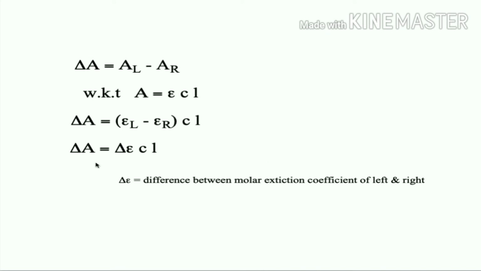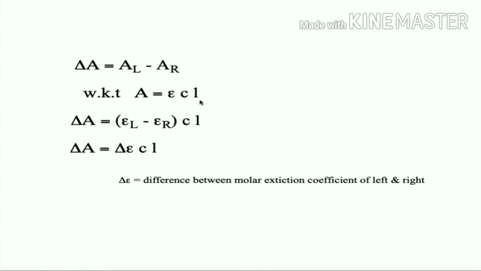This is how we are going to use circular dichroism. First we take the difference in the absorption: absorption of left circularly polarized light minus absorption of right circularly polarized light. We know that absorption is equal to epsilon c l.